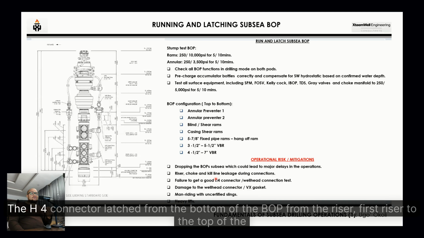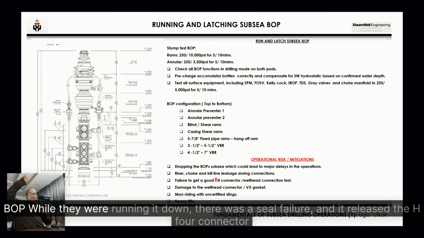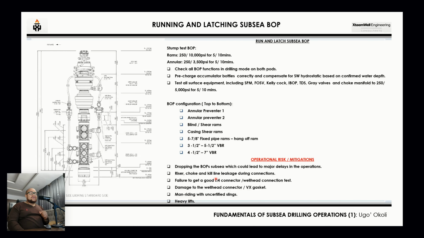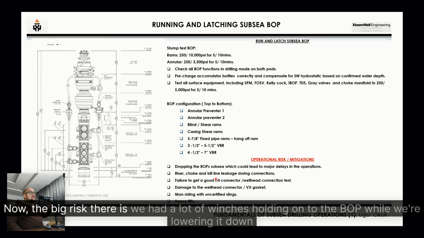What happened? The H4 connector latching from the bottom of the riser to the top of the BOP. While they were running it down, there was a seal failure, and it released the H4 connector and dropped the BOP to the seabed. Now, the big risk there is we had a lot of winches holding on to the BOP while we were lowering it down.